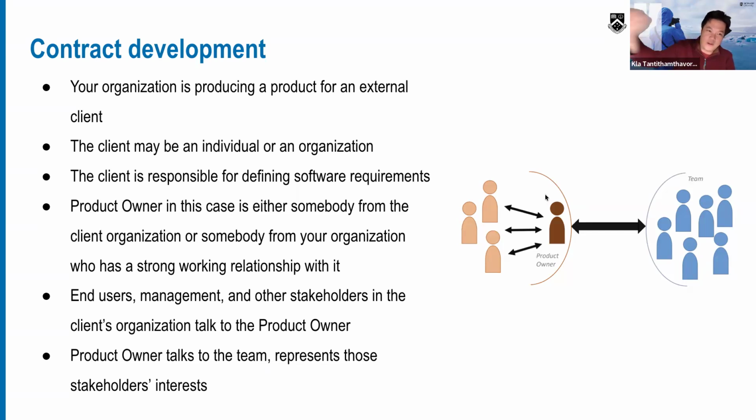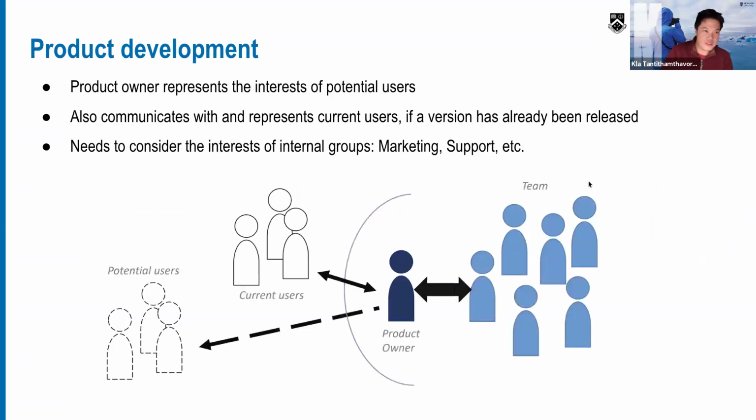You develop the product for someone else, and the client is someone else, right? They develop the requirements. As a product owner, you talk with the team: these are the things that the client needs. So the development team just kick starts and develops it. That's one type, contract development.